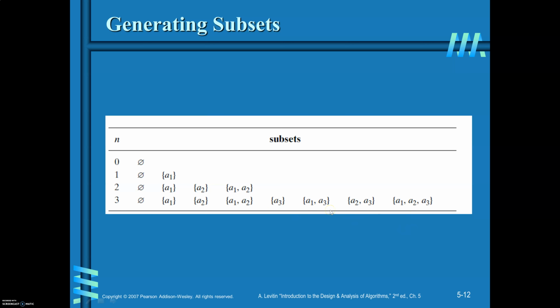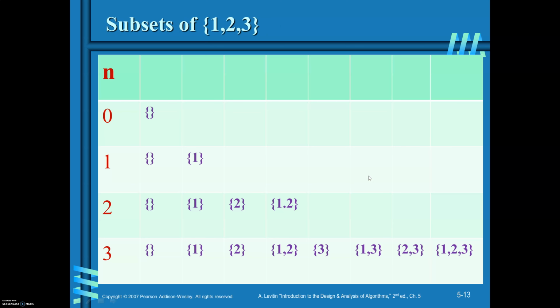2 cube, right? So if there are n elements in a set, how many subsets are possible? 2 power n. 2 power 0 is one subset, 2 power 1 is 2 subsets, and 2 square is 4 subsets. Here 8 subsets.